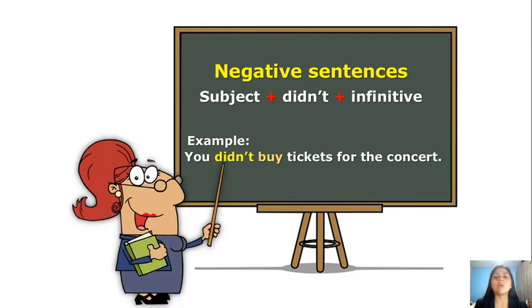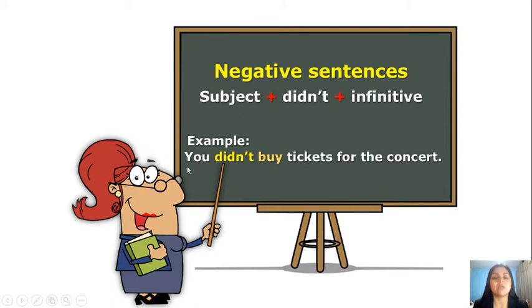What is the structure? How can we write the sentences? Let's check. Remember that today we are talking about negative form. We have the subject, didn't, that is the auxiliary verb, and the infinitive. What is infinitive? The verb, right? So for example, we have: you didn't buy tickets for the concert.